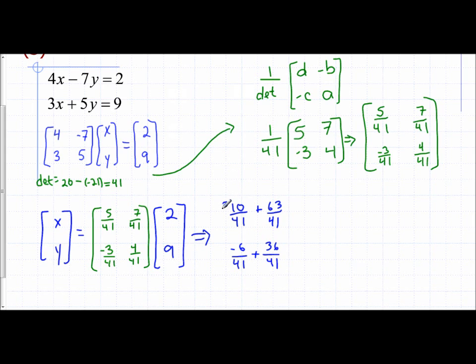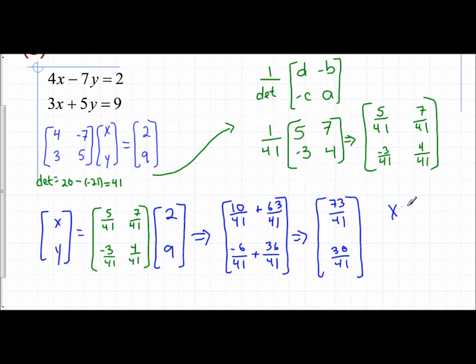Then we just perform the addition. 10 plus 63 is 73, so we get 73 over 41. And -6 plus 36 is 30, so you get 30 over 41.